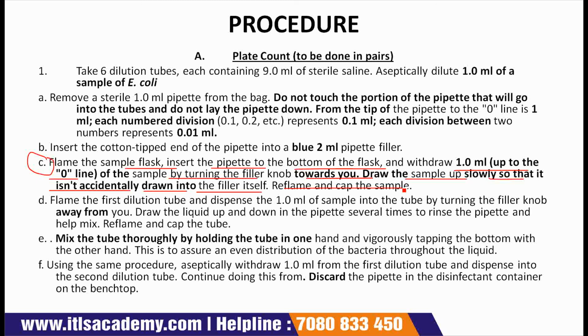Now reflame and cap the sample. Next, flame the first dilution tube and dispense the 1 ml of sample into the tube by turning the filler knob away from you. Now draw the liquid up and down in the pipette several times to rinse the pipette and help mix. Now reflame and cap the tube.